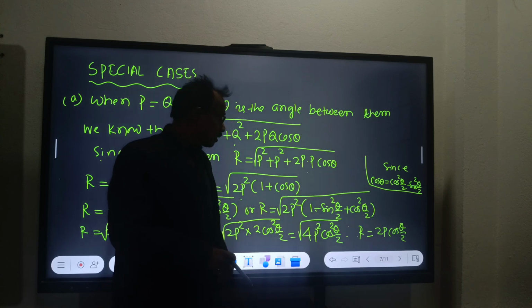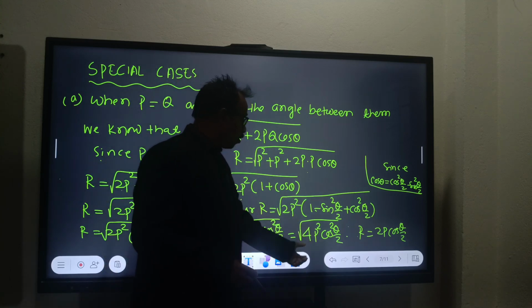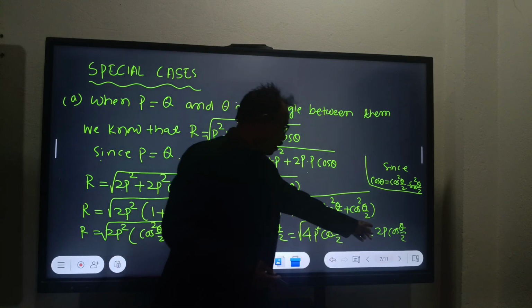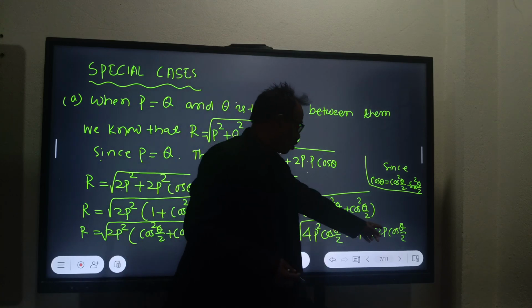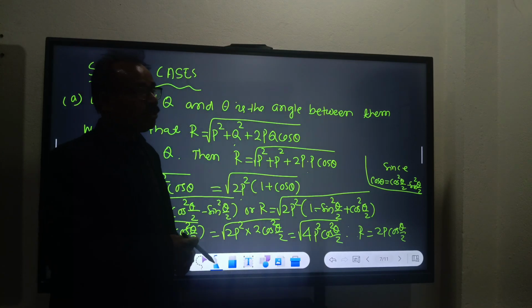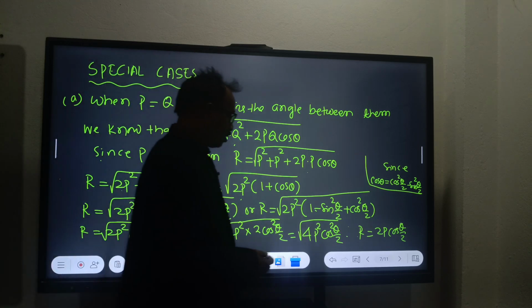Taking root over R, root over 4 is equal to 2, root over P square is equal to P, and root over cos square theta by 2 is equal to cos theta by 2. Therefore, when P is equal to Q, R is equal to 2P cos theta by 2.